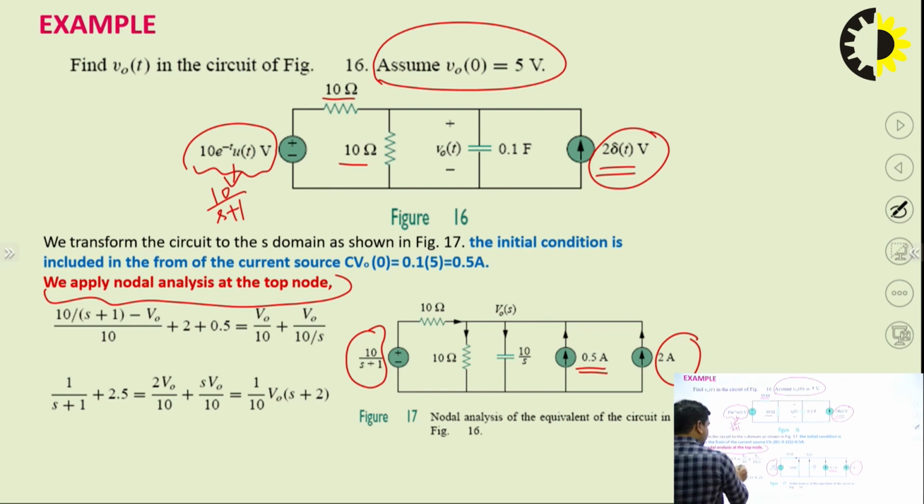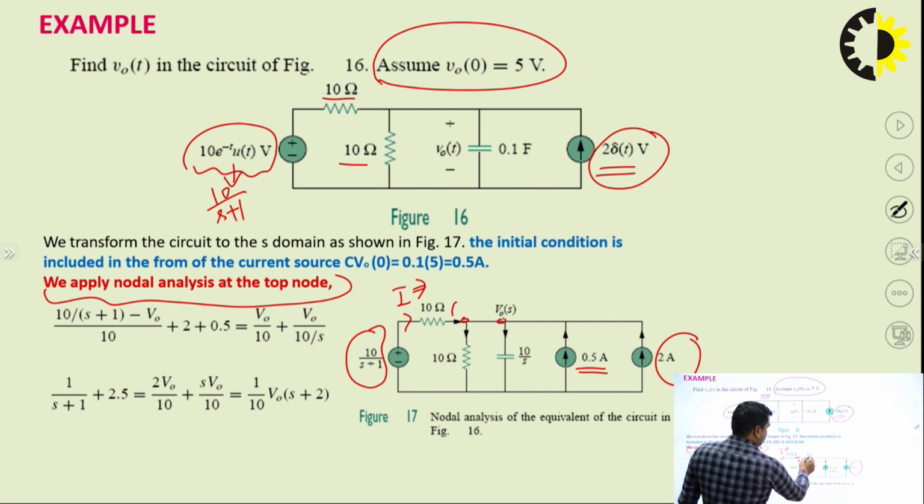Here the current passing through this point is 10/(s+1) minus V_o/10. Let the current be I. What is the value of I? This voltage minus this voltage, because the voltage is the same at every point, so this voltage minus V_o(s), divided by 10, plus the current, that is 2 plus 0.5.